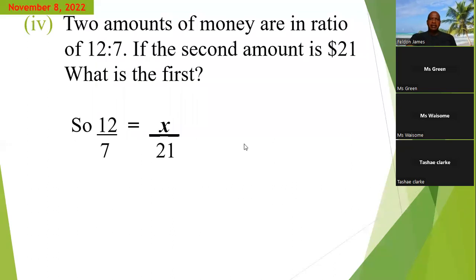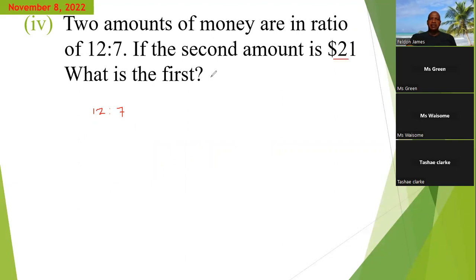All right, looking at this second example here, if we are to follow the second approach, you write the ratio given, 12 to 7. And we notice here we have the second length, which is 21.